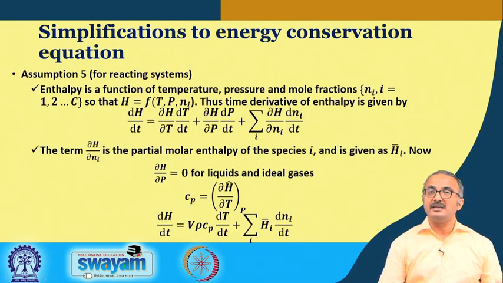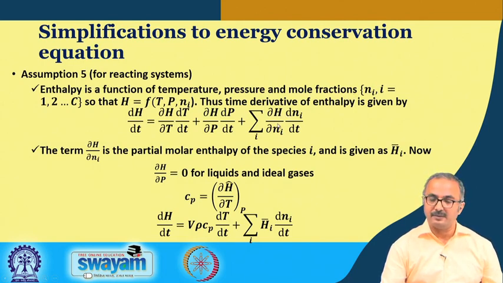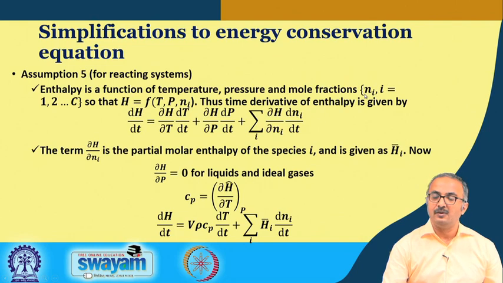Now, this is a special case for the reacting systems. In reacting systems, we shall see that enthalpy is a function of temperature, pressure and mole numbers. Okay. The moles are given by n, for all the components.